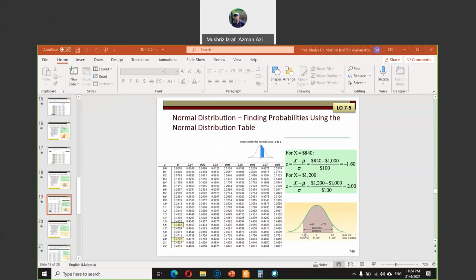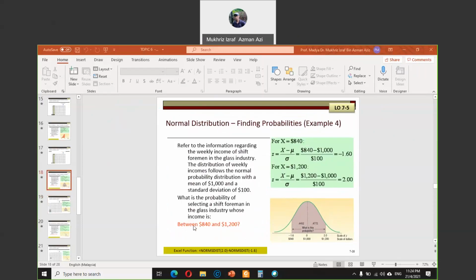So this is this area. By right, you would be getting the area on the right, but since you are referring to the area on the left, it's just the mirror image. So the answer will be the sum of these two, 0.4452 plus 0.4772. That will be the answer for this question, the total probability, this plus this.